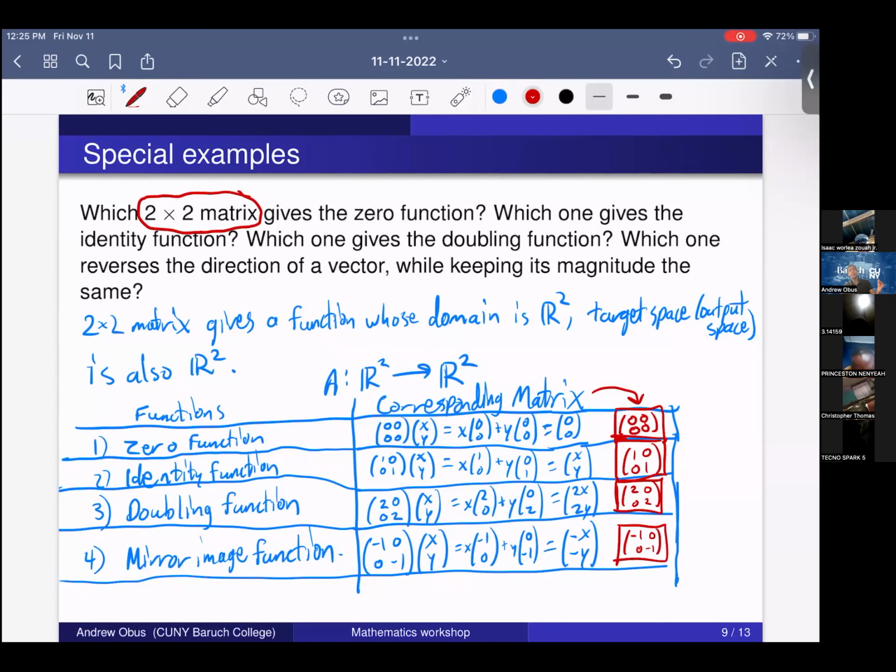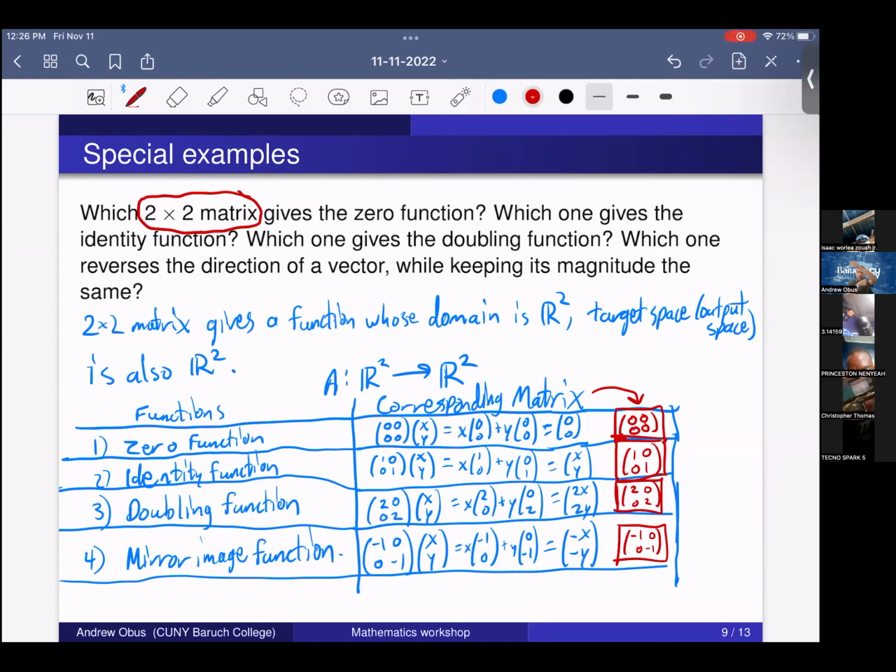Okay, so these are some examples of matrices that do things to vectors where the geometry is very well understood. The first one takes every vector and turns it into 0. The second one takes every vector and doesn't do anything to it. It just keeps it fixed. The third one takes any vector and stretches it by 2. And the fourth one takes any vector and flips it around.